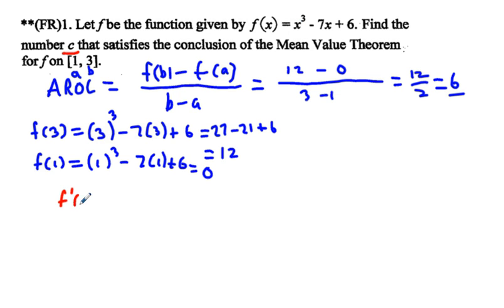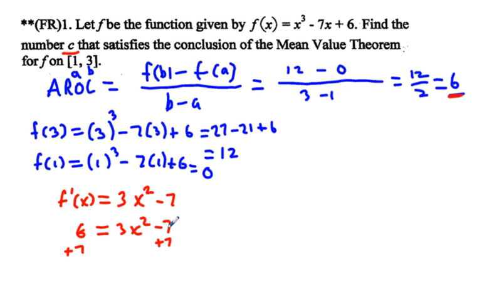So we will find f prime of x, and that is going to be 3 times x squared minus 7. We're going to say that the average rate of change is 6, so we replace f prime of x with 6. 6 equals 3x squared minus 7. And so we're going to solve for x by adding 7 to both sides.